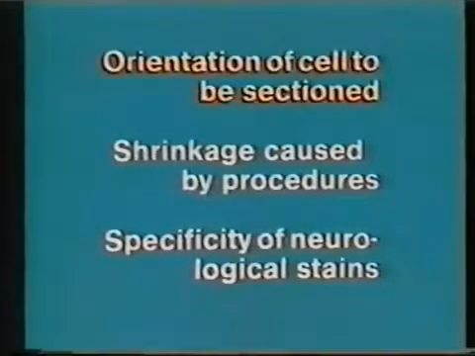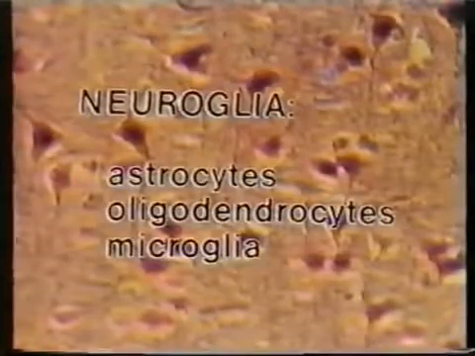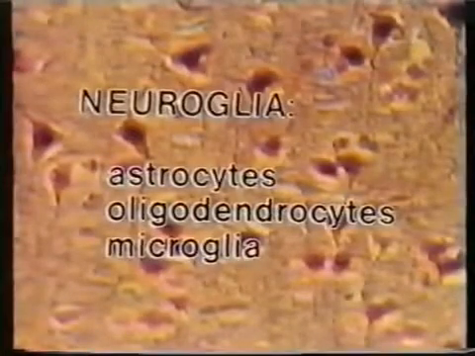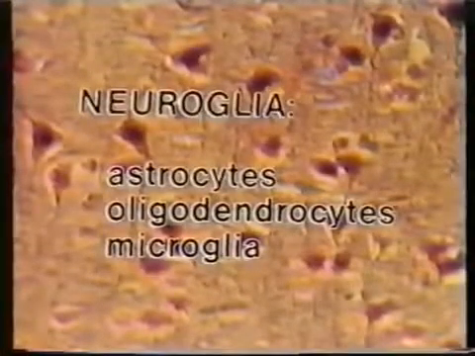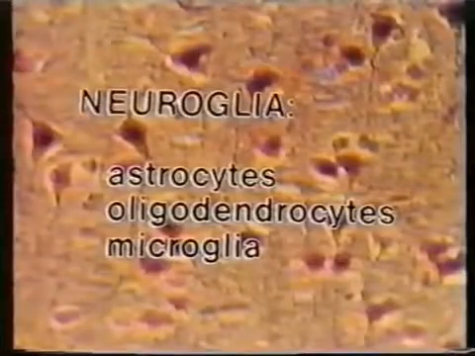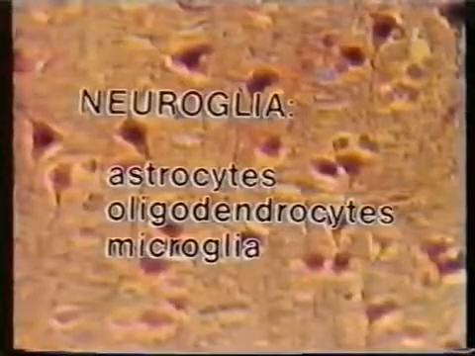Firstly, the appearance of a cell in any particular section depends mainly on the staining system. It evolved that neuroglia was not a glue or a ground substance, but a tissue composed of three types of cell: astrocytes, oligodendrocytes, and microglia. Each type requires specialized staining systems for them to be seen.